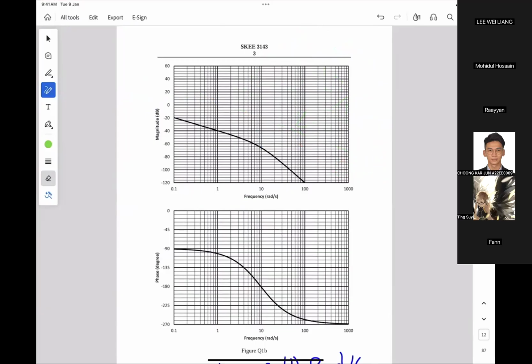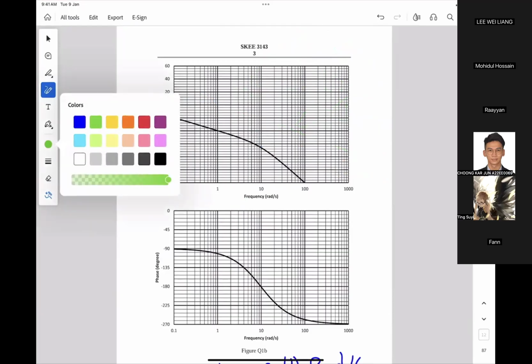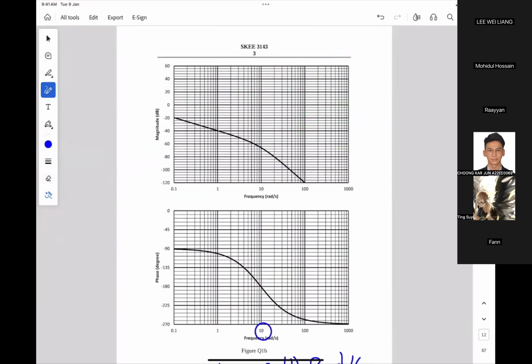Okay, so this is your 10, minus 180, which is here. And it goes here, which is a minus 68 decibel. Okay.